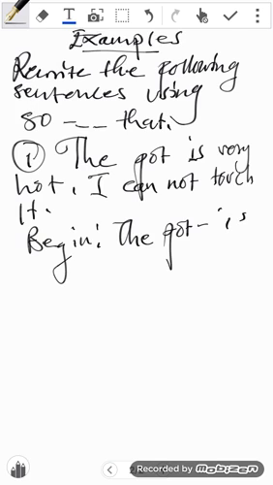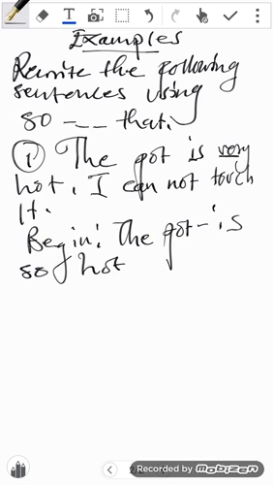Now, we're not going to use very because I said what you see very, substitute with what? Yes, you substitute with so. So the pot is, alright, the pot is so hot. Okay, the pot is so hot.